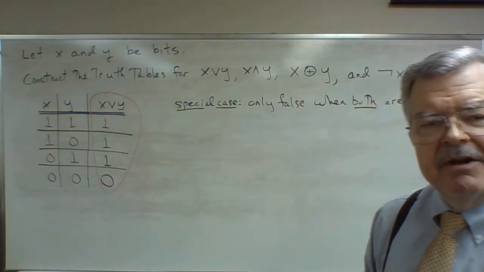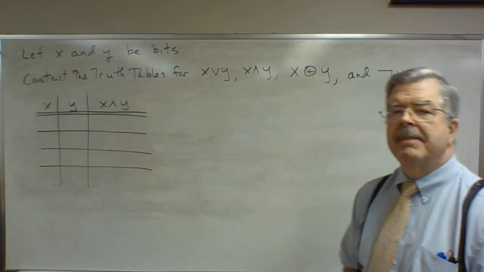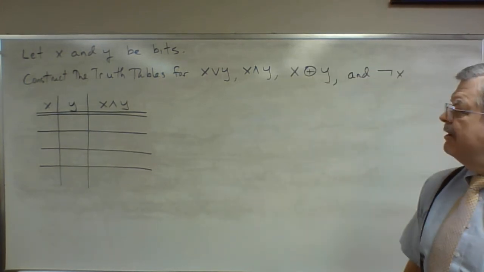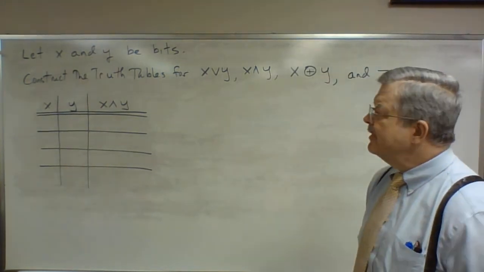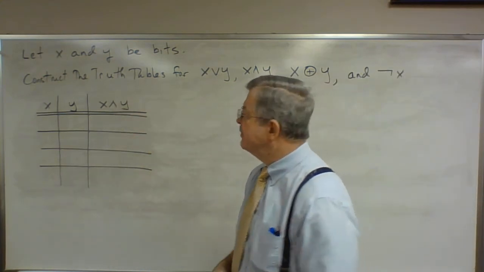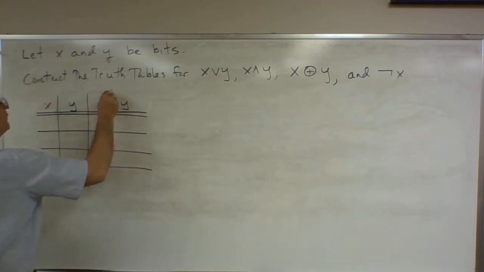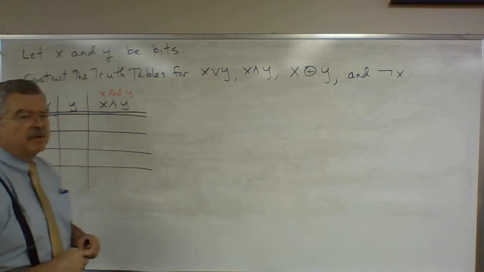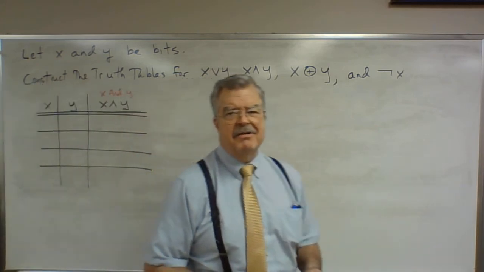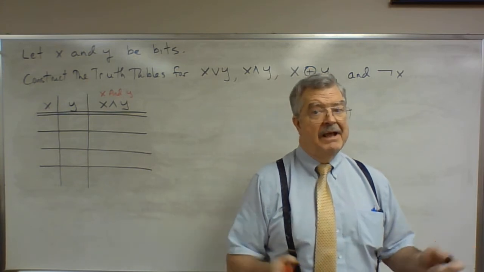Let's do the conjunction next. Here's our table for the conjunction, X and Y. And I might just write that above, X and Y, because when we're working with bits, a lot of times we use the words and, or, XOR.